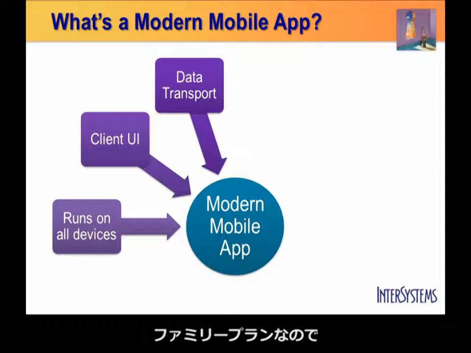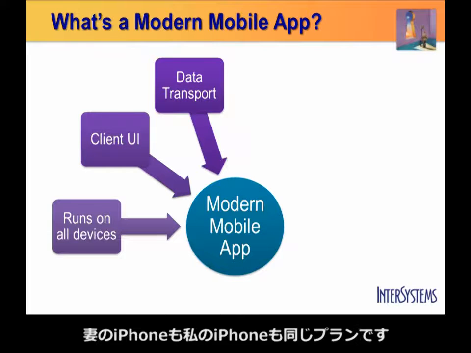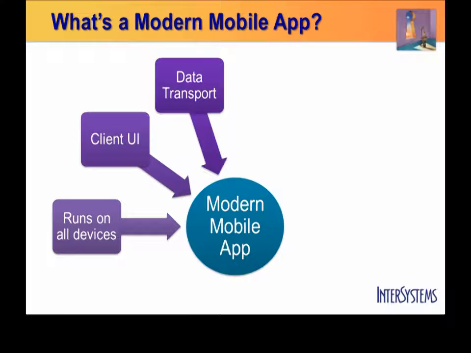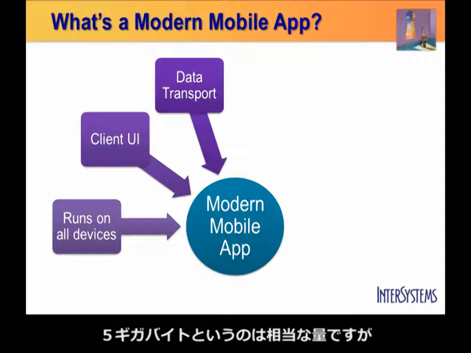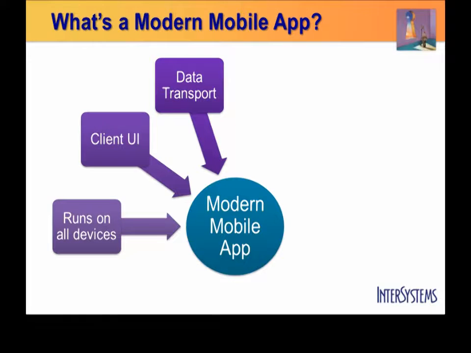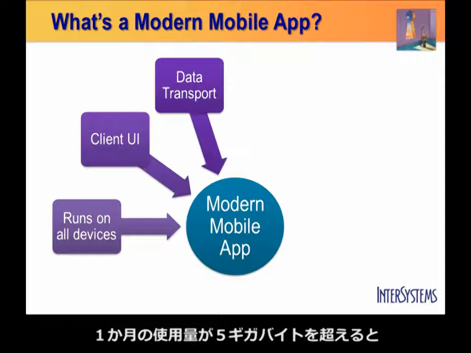And it's a family plan. So my wife's iPhone and my iPhone are on the same plan, okay? If I go over that 5 gigabytes in a month, and 5 gigabytes is a lot, by the way, then I get charged for every gigabyte, lots of money, like $20, $30 or something crazy like that, okay?